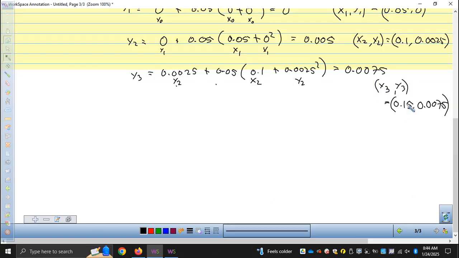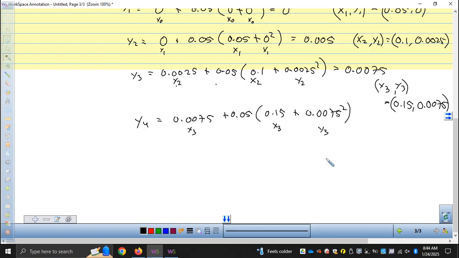And our next iteration is going to get us to x equals 0.2. y4 is 0.0075, that's y3, plus 0.05 times 0.15, that's x3, plus 0.0075 squared, that's y3, and I get 0.0150.